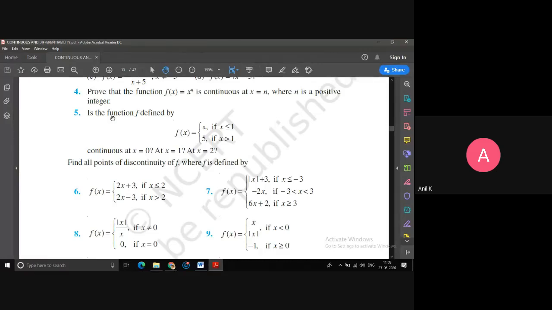Now question number 5: the function is defined by f of x equals x if x is less than or equal to 1, and it is 5 when x is greater than 1. I have to check continuity at x equals 0. If I put x equals 0, which condition do I have to consider? I have to consider 0 is less than 1. So for x less than 1, the function is going to be f of x equals x only.